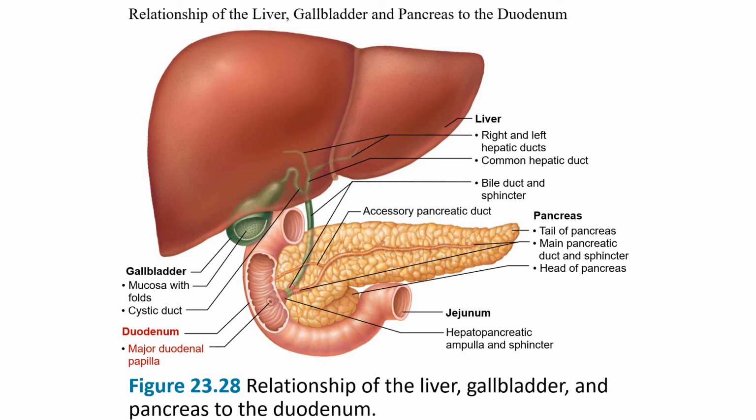And you can see that it's right there by the pyloric sphincter, so it can neutralize the acidic chyme. Note the position of the tail and the head of the pancreas and the position of the gallbladder.